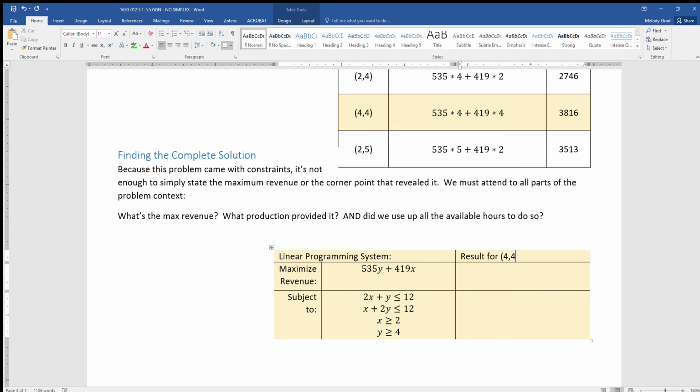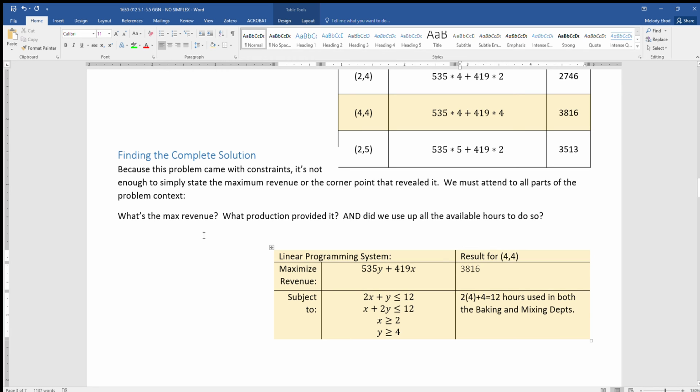For 4 and 4, we decided that was the optimal solution, so we end up with a revenue of $38.16. We also know that if we take 2 times 4 plus 4, we're going to end up with exactly 12, right? 8 plus 4 is 12. So 12 hours are going to be used in both the baking and mixing departments.